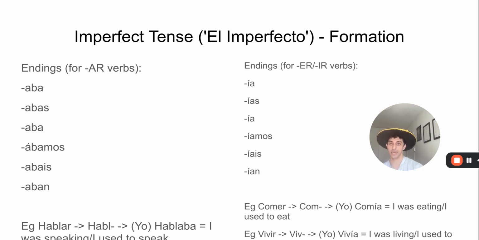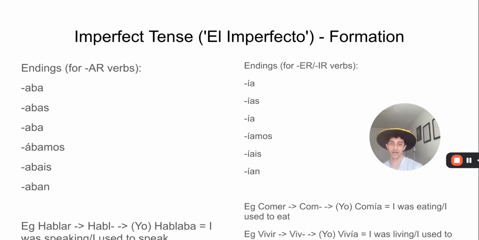So the endings in the imperfect tense for ER and IR verbs are ía, ías, ía, íamos, íais, and ían. Of course, those are for each of the different persons of the verb. And do note the accent as well on the I. There is an accent on ábamos, the nosotros form for AR verbs, but that's the only one. There are far more accents in the endings for ER and IR verbs.